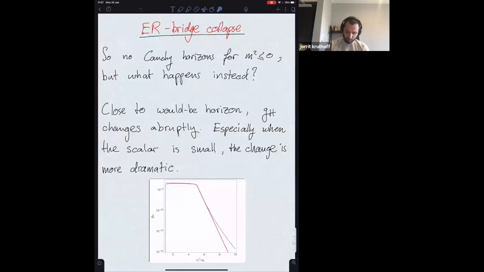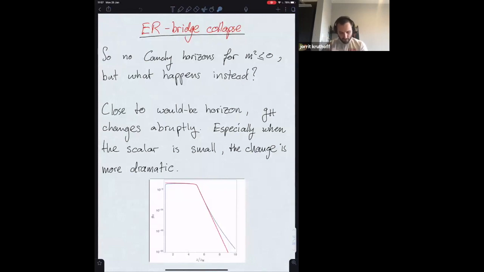But to get some analytic handle on them, what we did is we looked from the numerics at certain terms in the equations of motion, and we saw that certain terms are small. And then we used that as input into an analytic analysis of dropping certain terms in the equations of motion, and in that way obtained a differential equation that we could solve analytically.